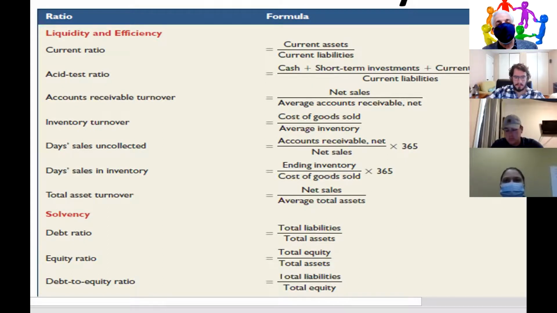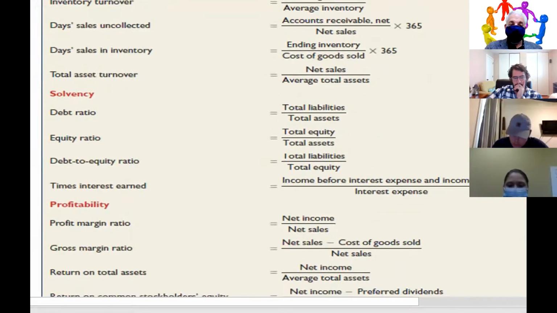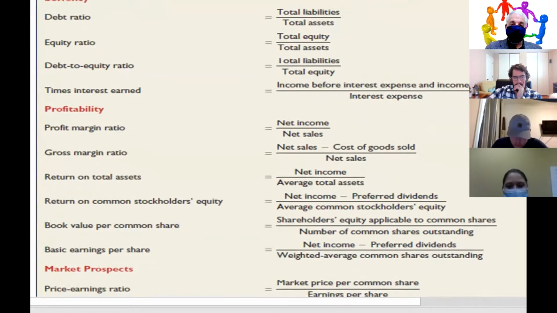No. Current ratio, you got it. Current assets, current liabilities. Asset tests: receivables, short-term investments, cash. Receivable turnover, oh, I got sales and average AR. Inventory turns, days sales inventory. Total asset turnover. Solvency: debt, equity, debt to equity.